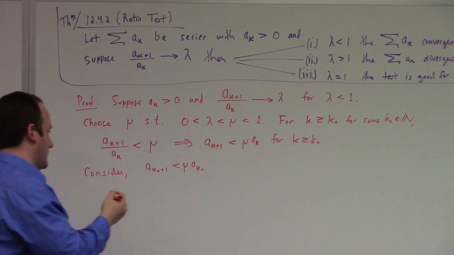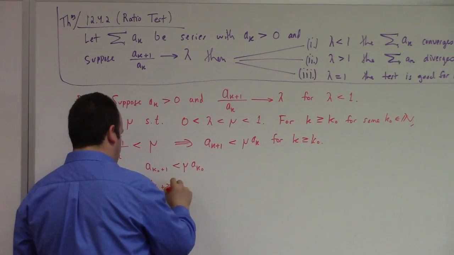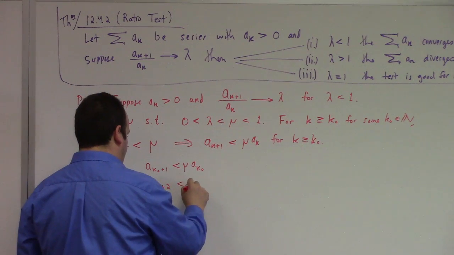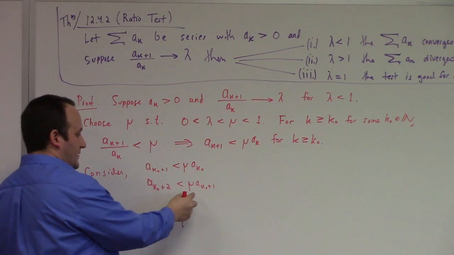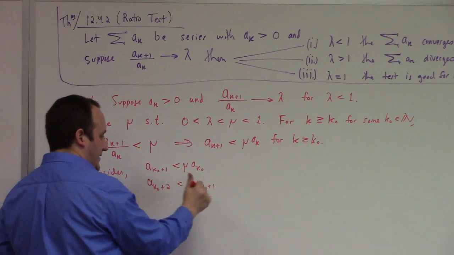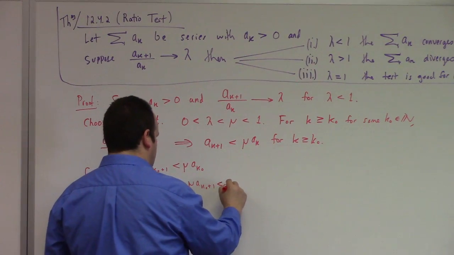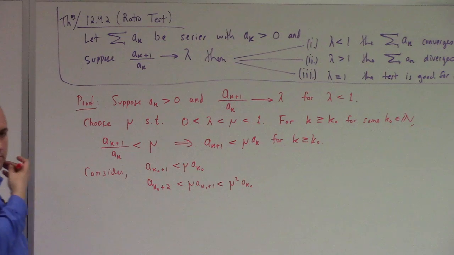How about a sub k naught plus 2? What do you get? It's recursive, right? So I can feed the first inequality into the second one. I get this is less than mu squared times a sub k naught, because I get mu times mu.